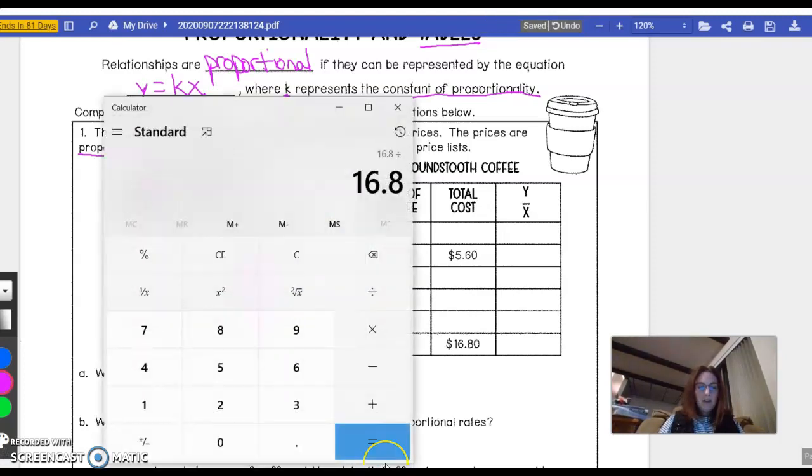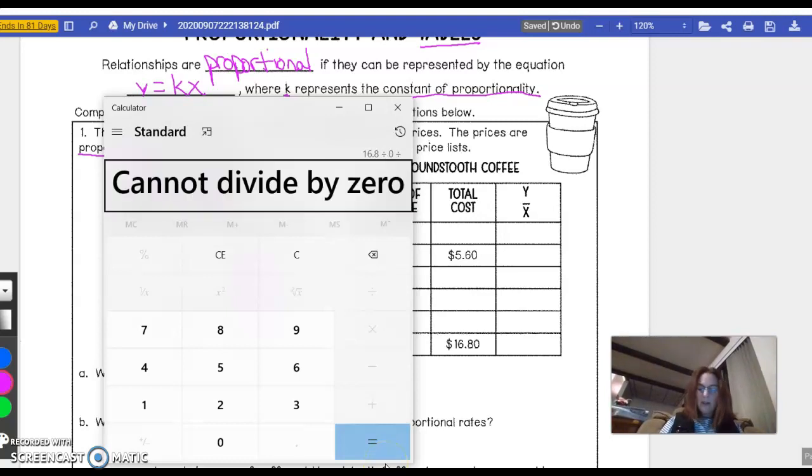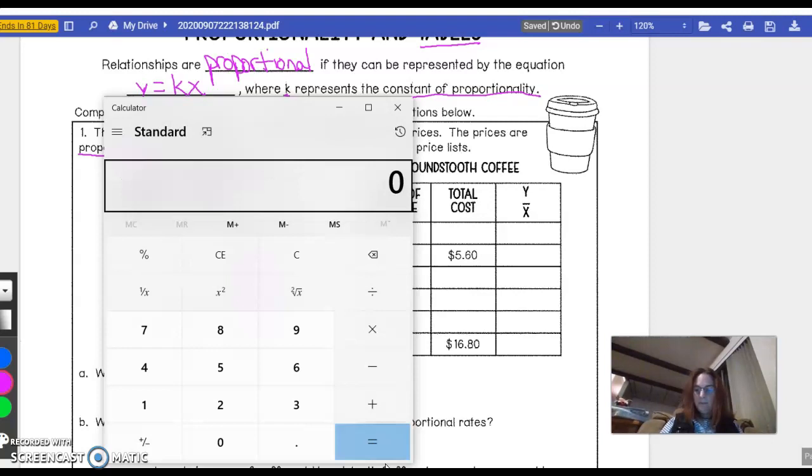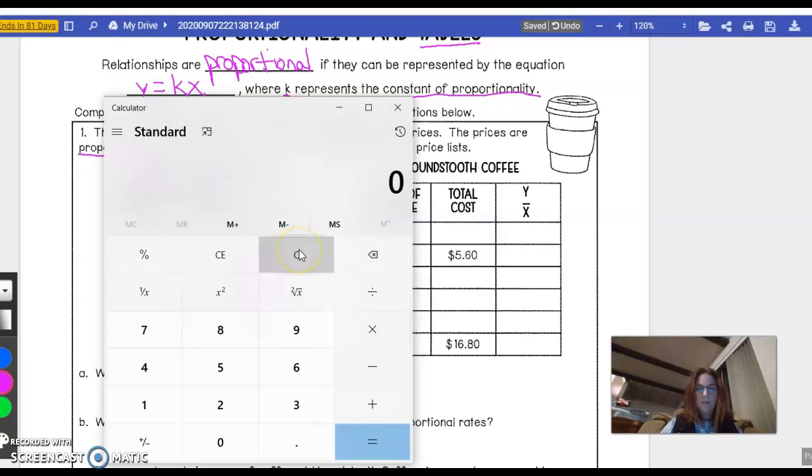Getting out the calculator, we go 8.25 divided by 3. We get 2.75.